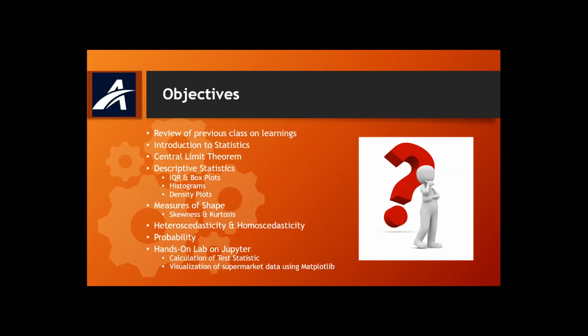Those are the limitations for linear regression. Then there are the measures of shape, skewness and kurtosis. With skewness you can have right skewed, left skewed, and normal distribution. If plotted, it shows how your data is distributed.